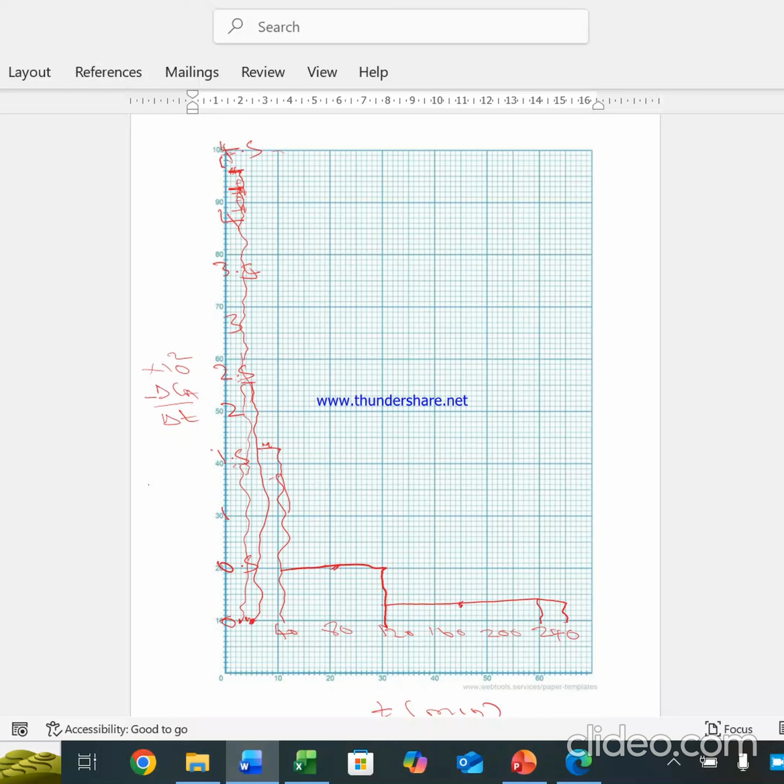Don't mind the drawing here. To draw a smooth curve, then here, here, and so on.